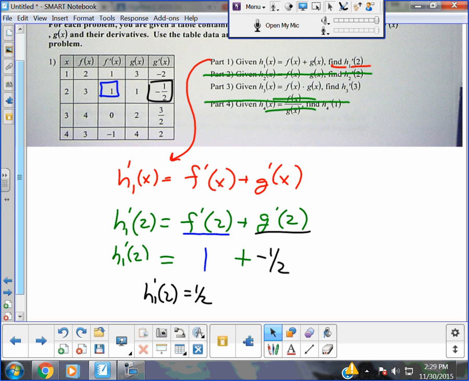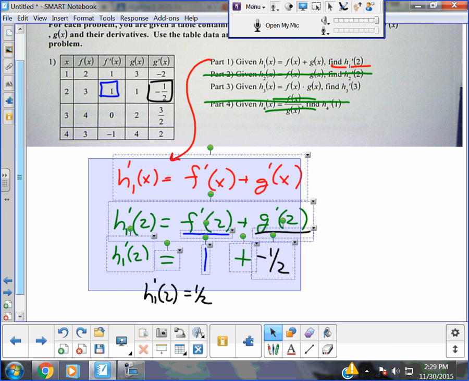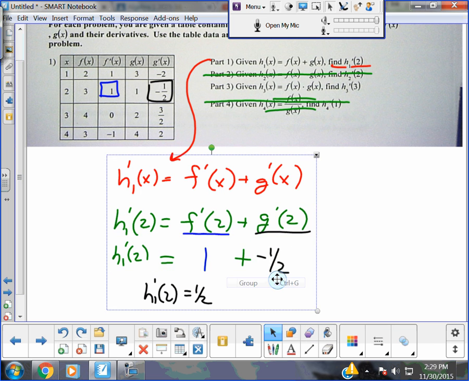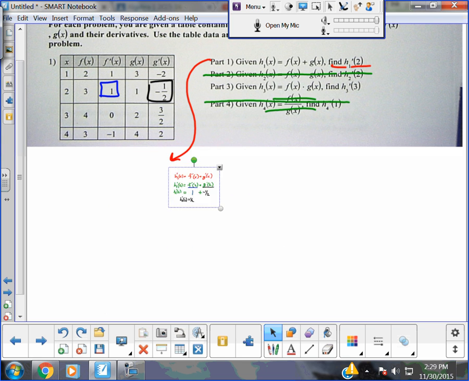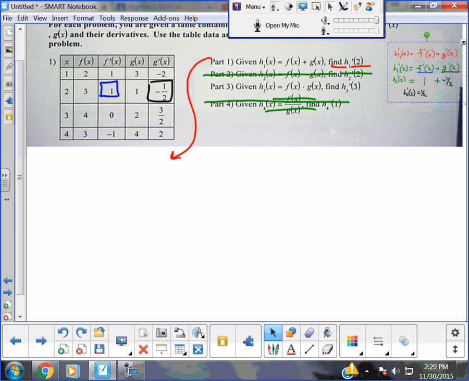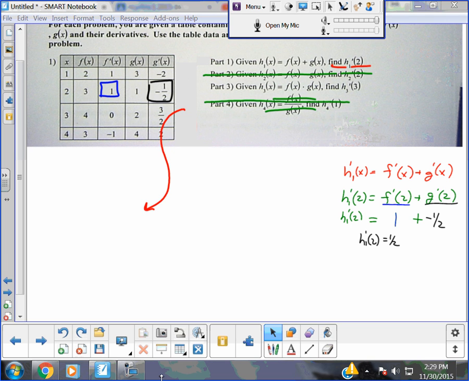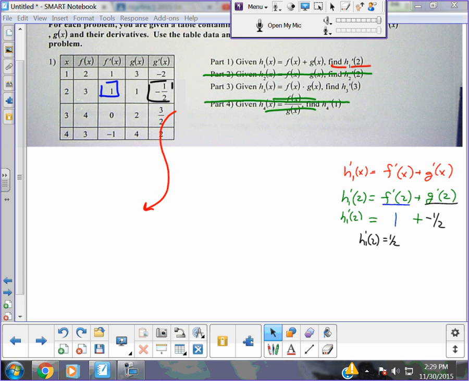What got us on the test, and what we're going to make sure we understand here, is product rules. So you can copy it. On part 3, it says given h3 of x equals f of x times g of x, and that wants h3 prime of 3.